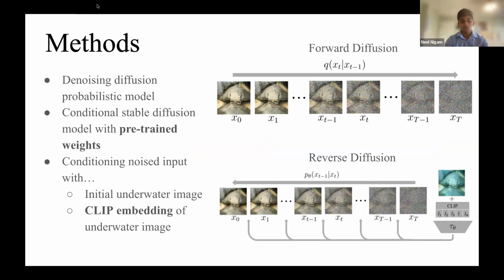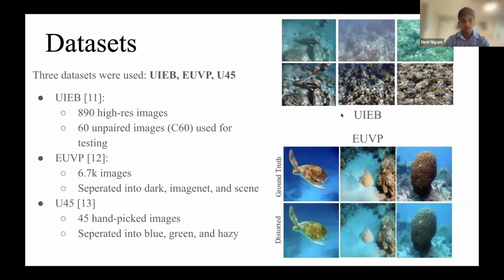As part of our diffusion process, we will condition the noised input with our initial underwater image and the corresponding CLIP embedding of that underwater image. So we use 3 different data sets to collect our data: UIEB, and then EUVP, and then U45. As you can see in the pictures on the side, these data sets make reference photos more clear.